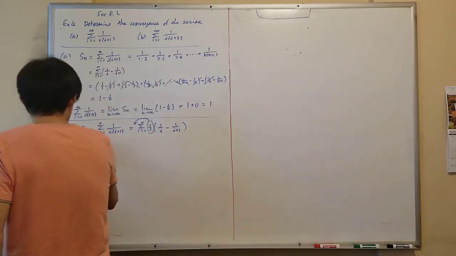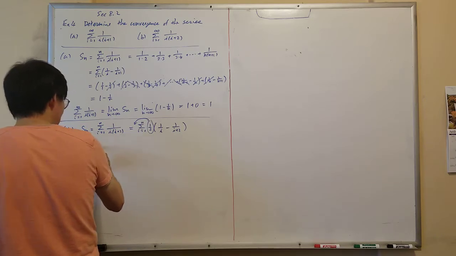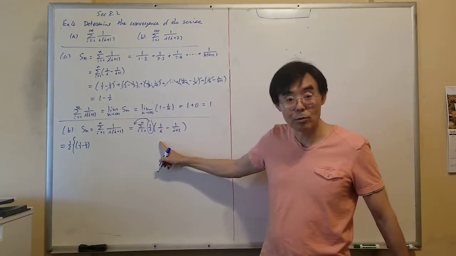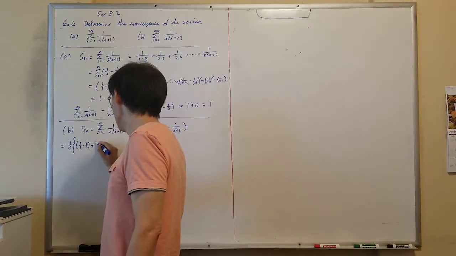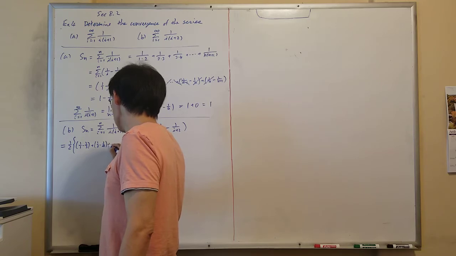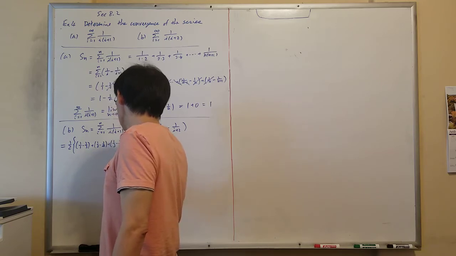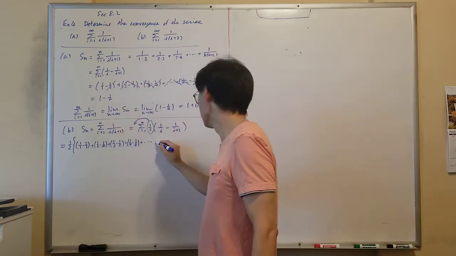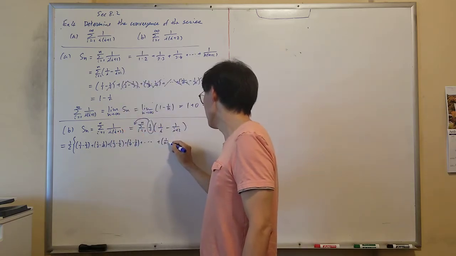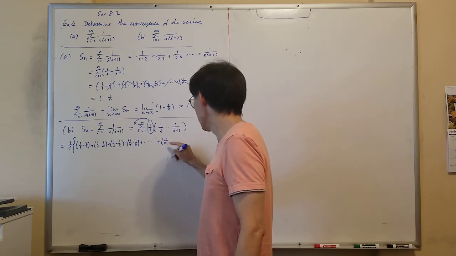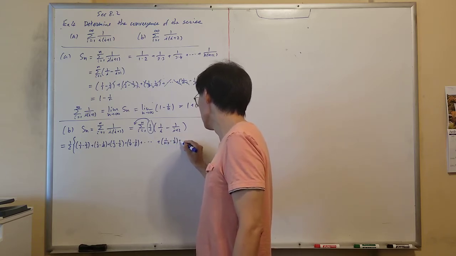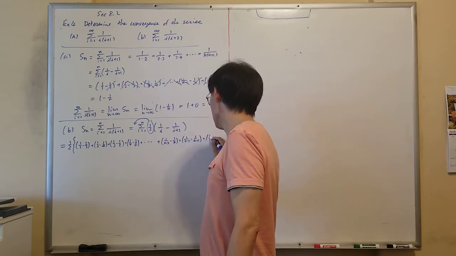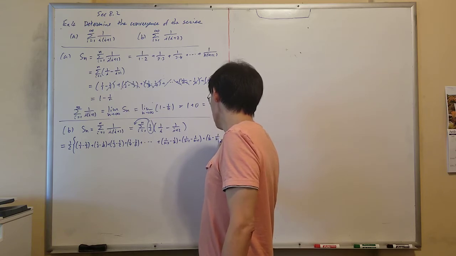And then in big braces: 1 over 1 minus 1/3, and 1/2 minus 1/4, 1/3 minus 1/5, 1/4 minus 1/6, all the way to 1 over n minus 2 minus 1 over n, 1 over n minus 1 minus 1 over n plus 1, 1 over n minus 1 over n plus 2.